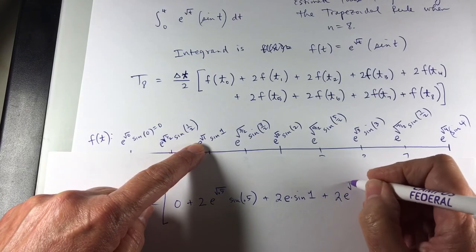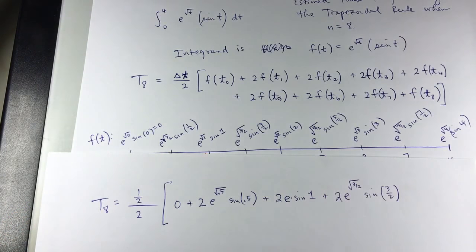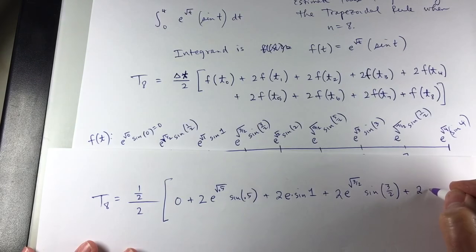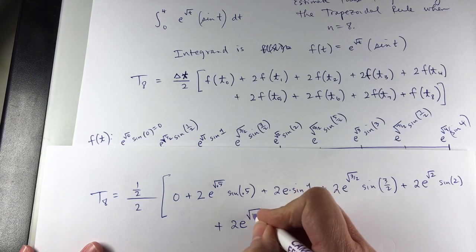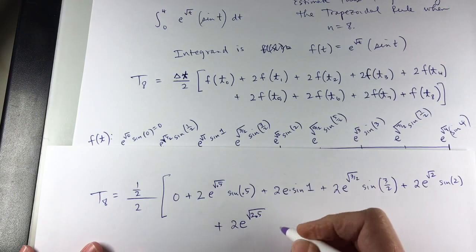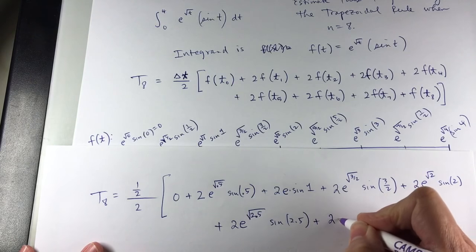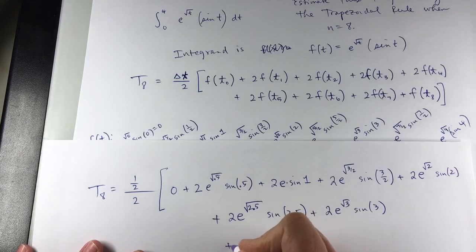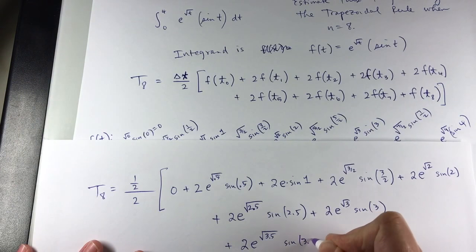Plus 2 times e to the square root of 3/2 times the sine of 3/2, and if you want, 1.5, plus 2 times e to the square root of 2 times the sine of 2 plus 2 times e to the square root of 2.5 times the sine of 2.5, plus 2 times e to the square root of 3 times the sine of 3 plus 2 times e to the square root of 3.5 times the sine of 3.5.